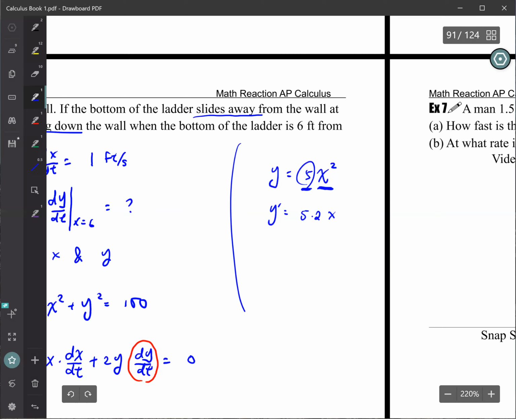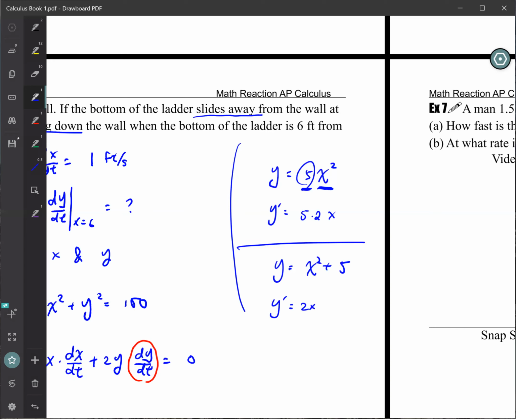So if the constant is beside a function, it will stay. Now if I have x squared plus 5, what's the prime? 2x. What about the 5? It becomes a 0. Yes, because it's alone by itself. Yeah, I got it.